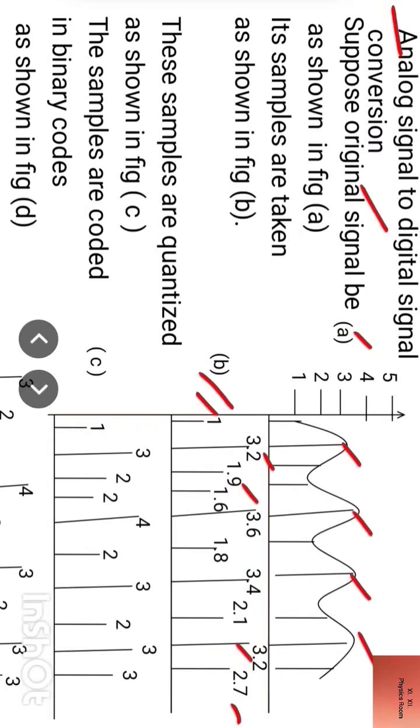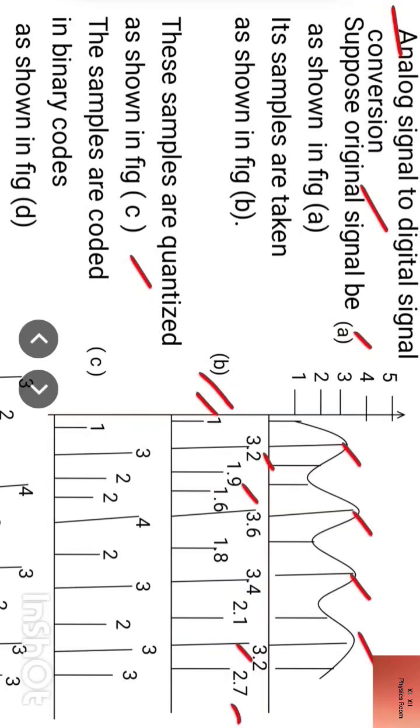So this is how we take the samples from the original signal. Now these samples are quantized as shown in figure C. So we round the fractional values, like if it is less than 0.5 we leave it, if it is more than 0.5 we increase it to the next number.